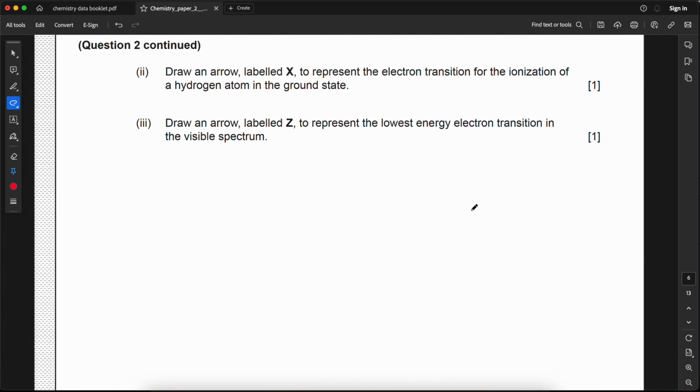Draw an arrow, labeled X, to represent the electron transition for the ionization of a hydrogen atom in the ground state. So when ionization happens, the electron is not attracted to the nucleus anymore because it's being removed.